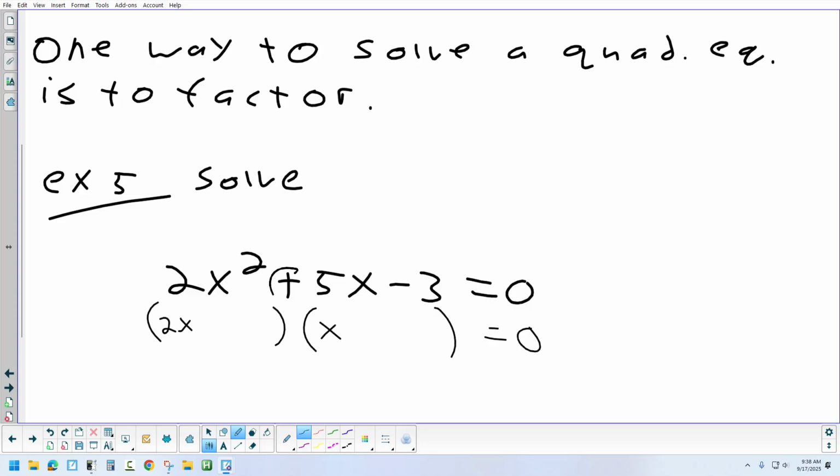Now, looking at your signs here gives you a hint at what your signs are going to be down here. What do your signs have to be when the middle is positive and the end, the constant, is negative? Josh?